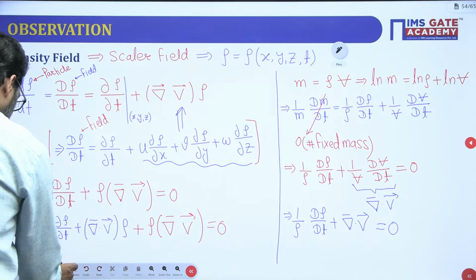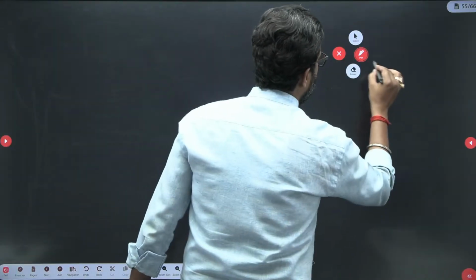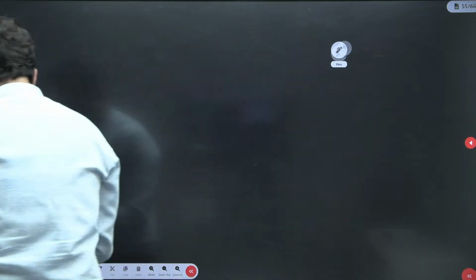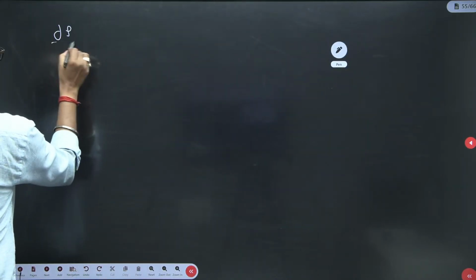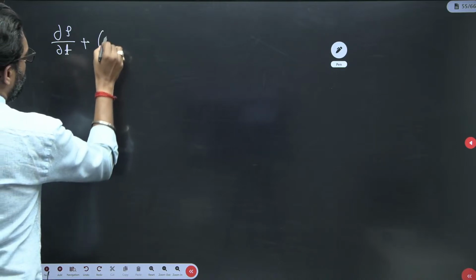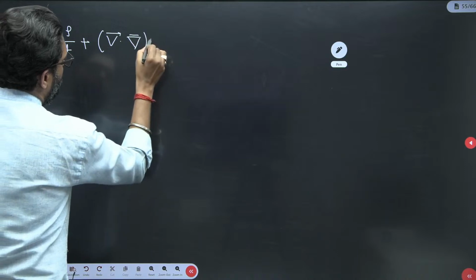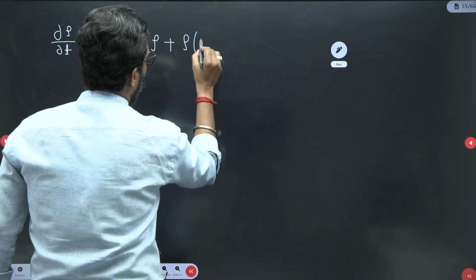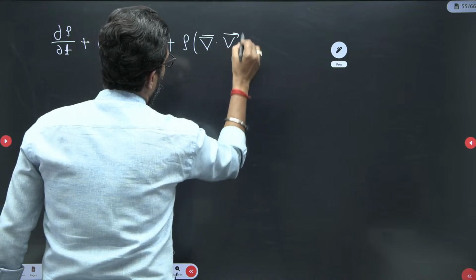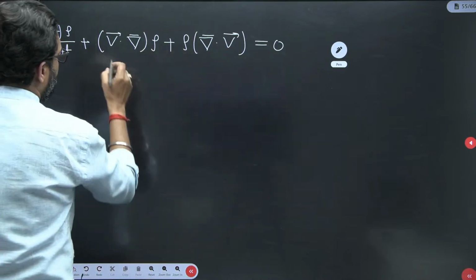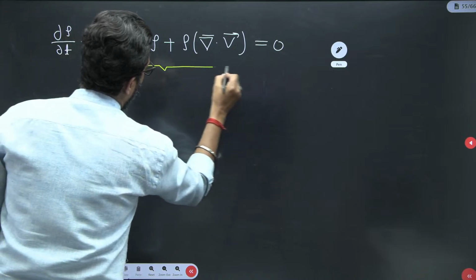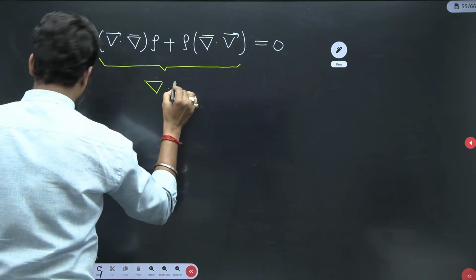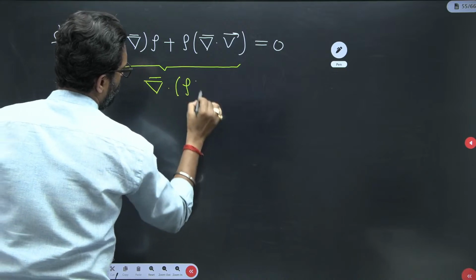Now, my dear, if you club this in vectorial form, this is del dot (rho V vector).